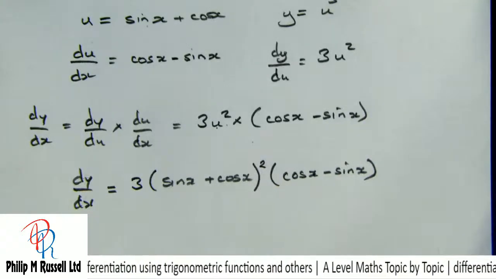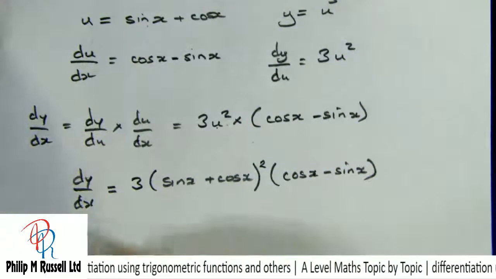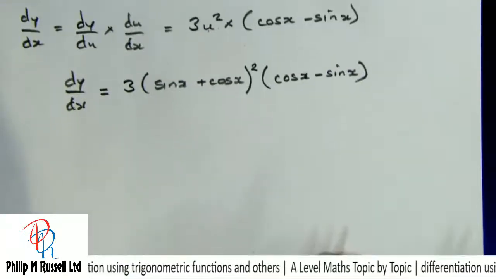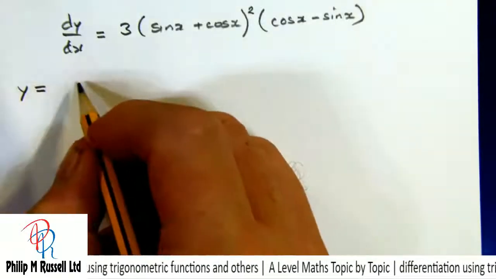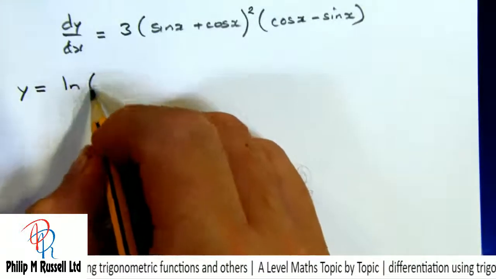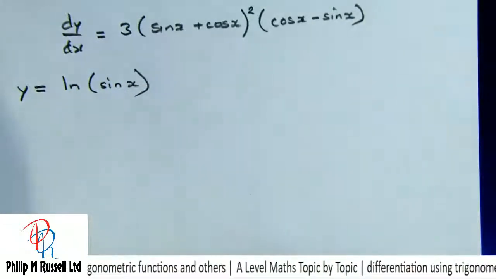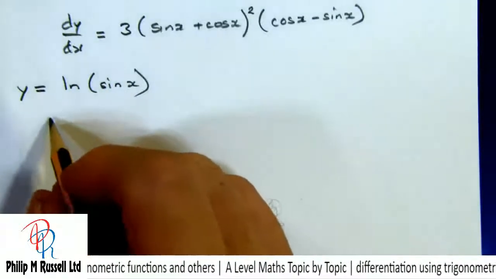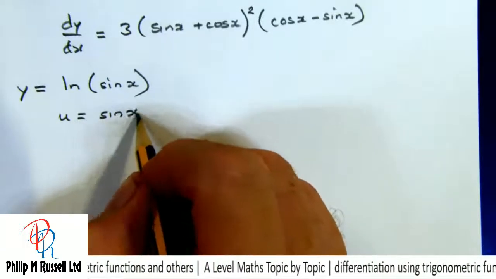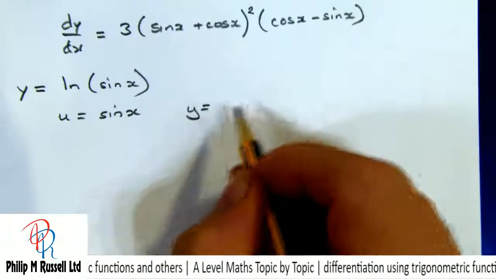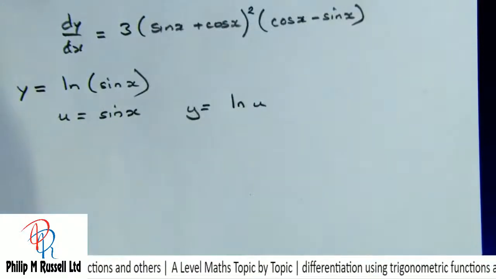Let's make my life a bit harder. Let's put some of those things together, and let's try something like y equals ln of sin x. Okay, the same principle is going to apply. u here is going to be sin x, and y is going to be ln of u.